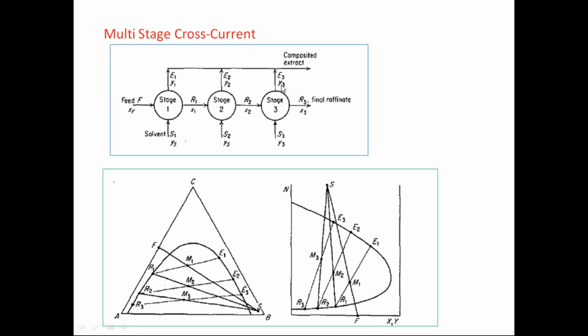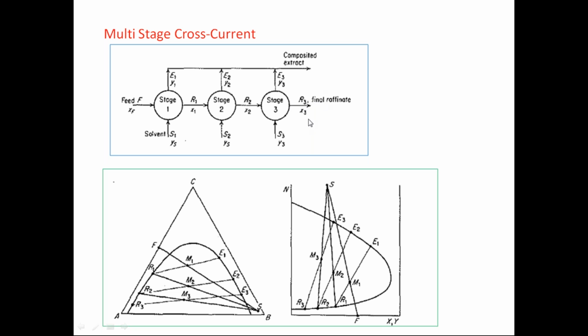So they are the output quantities and qualities from stage 2. Then you will be treating whatever is coming from stage 2 with another batch of the solvent, and in each batch of the solvent you have ys as the initial concentration, because the solvent will have the same concentration, but you have divided it into 3 different batches. So again you will get E3 Y3 and R3 X3.